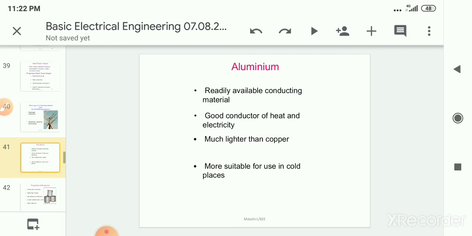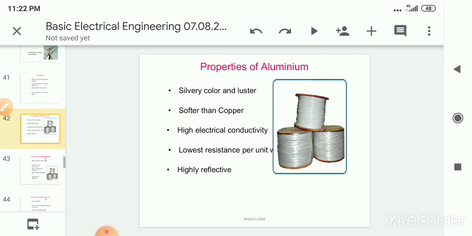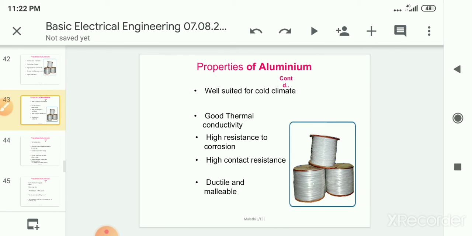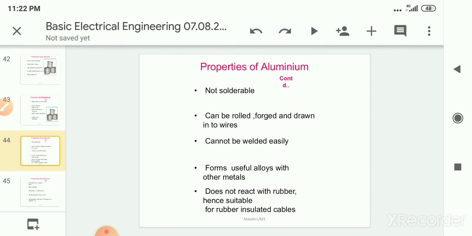And we compare copper with aluminium by some properties. We studied the properties of aluminium. The main drawback is that it is not solderable. If it is brittle or broken, it is very difficult to solder.